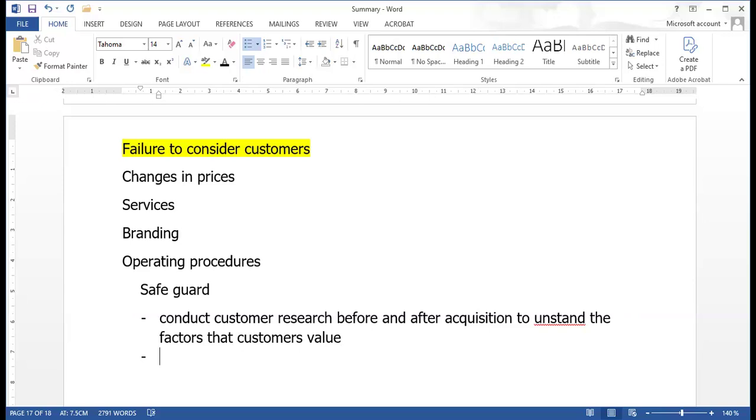Also, inform the customers. Customers of Mbayo should be informed about the acquisition.